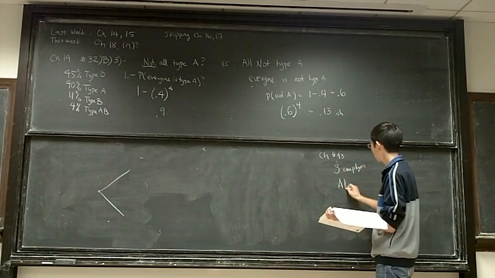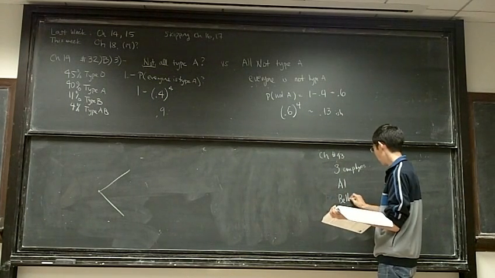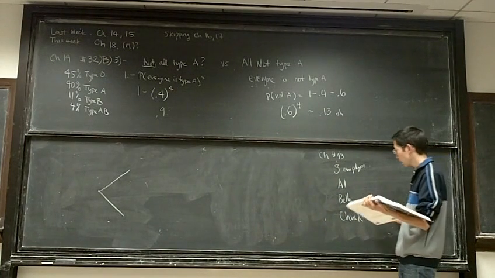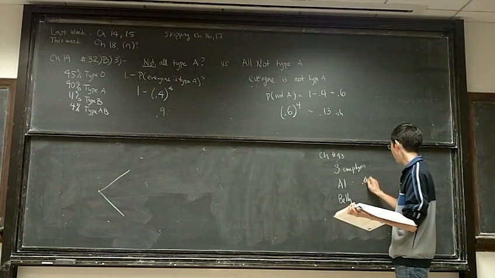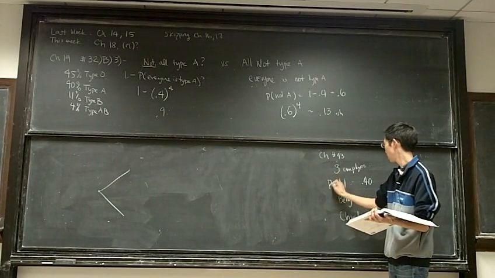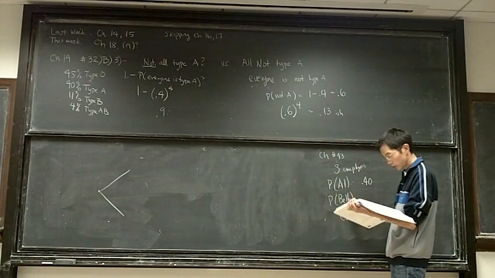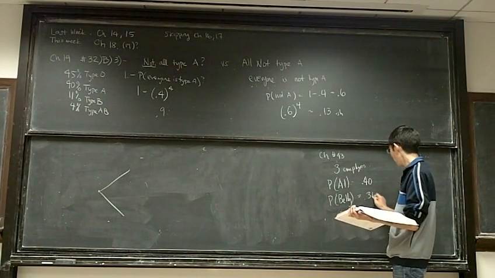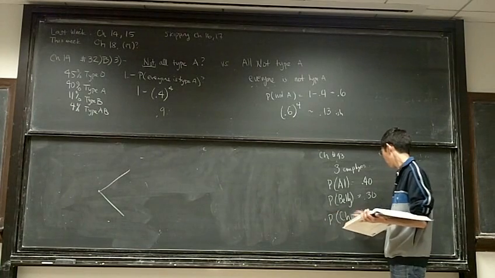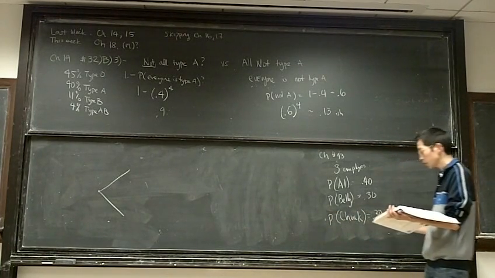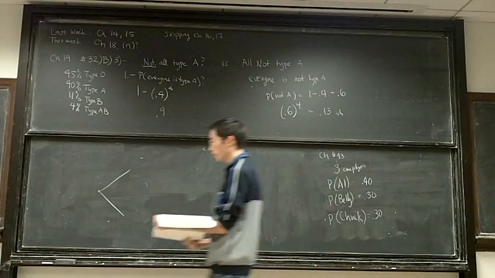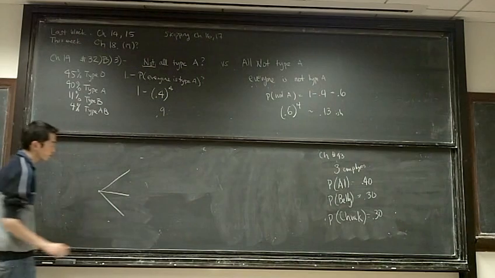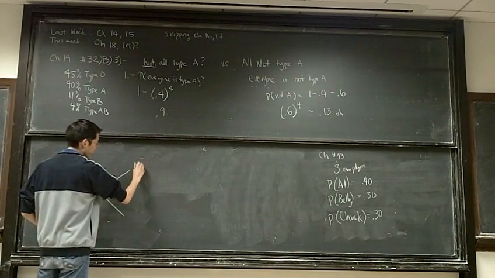We have Al, Betty, and Chuck. Al washes 40% of the dishes. Betty washes 30%. And Chuck also washes 30%. Okay, so the first part of the question just says, we have 3 dishwashers.